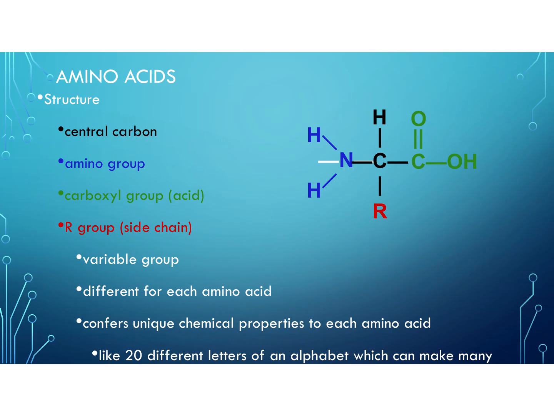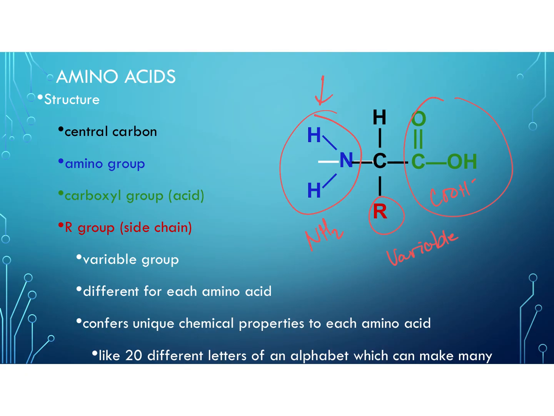So let's look at a basic overall amino acid structure. You have your amino group, which is located right here. It's an amine because it's an NH2 grouping. Here we have the carboxyl group, because it's a COOH group. And the big one here is the variable group, otherwise known as the R group.